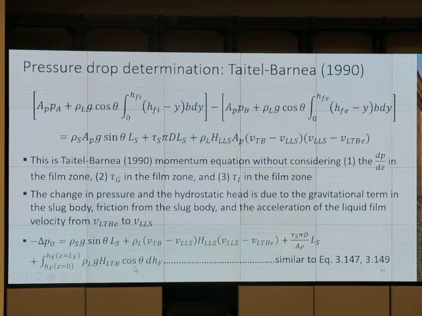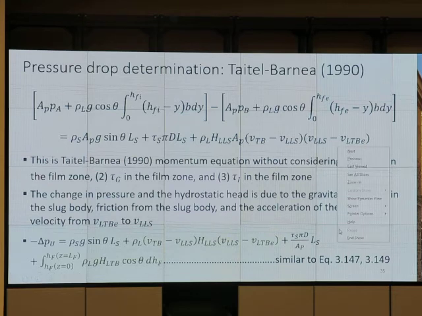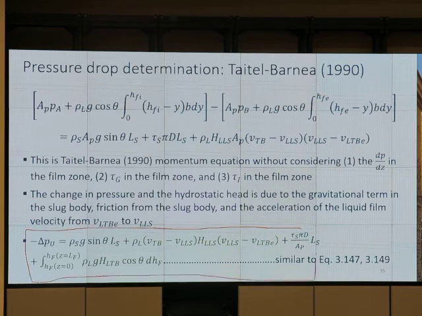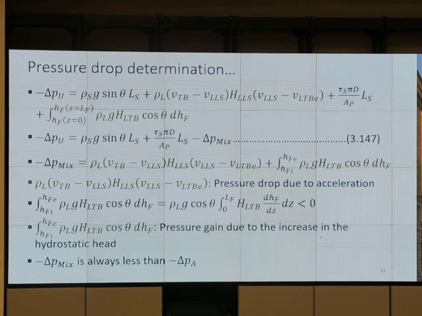Instead of hs minus yb, I have this term and dh. The rest is kind of the same. But this equation, we already proved it, right? This equation is from the previous lecture. This is 3.147. We have that, substitute everything.